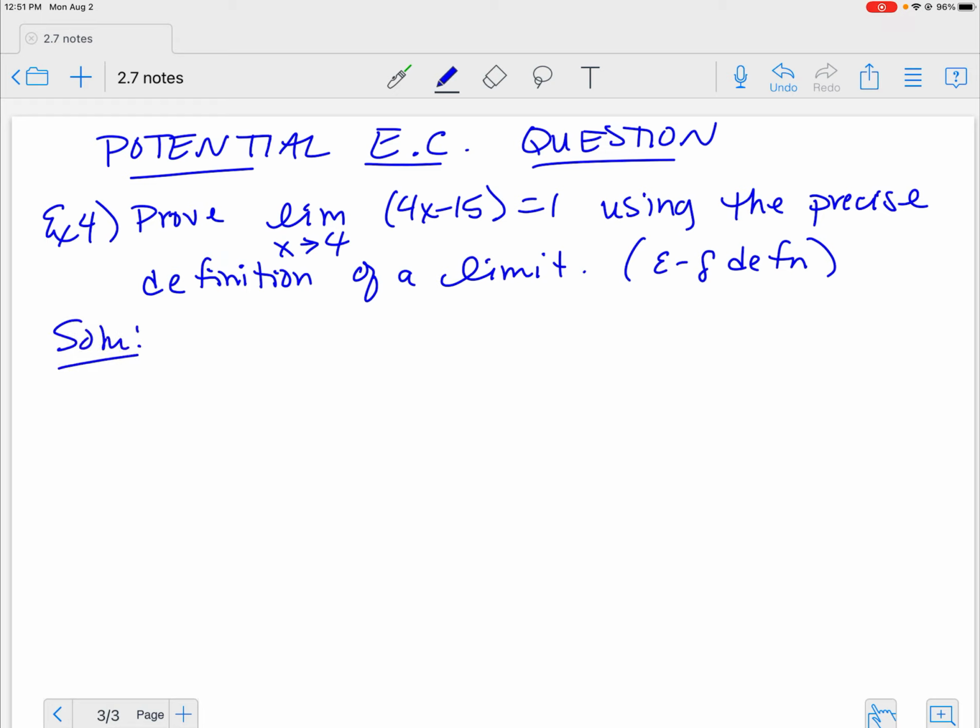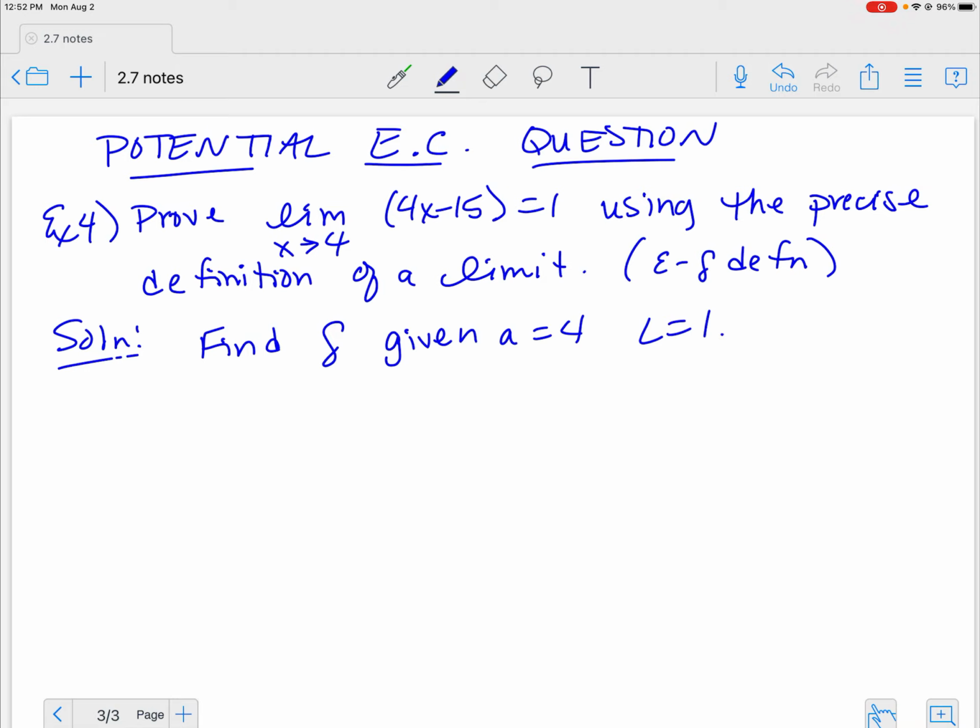All right, here's our solution. When you set up a proof, you have to say what it is that you're going for and build from there. So here, that's solution, SOLN, even though it doesn't look like it. Okay, we are going to find delta given that A is equal to 4 and L is equal to 1.